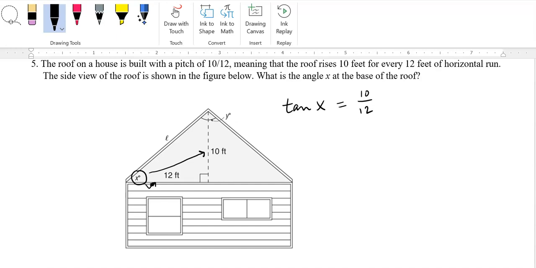And once again, anytime you're looking for an angle measurement, you're going to use the inverse, or on your calculator, it's second and the trig function. Okay, so let's go to second tan and type in 10 divided by 12.